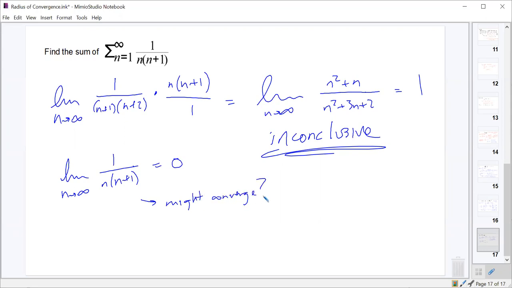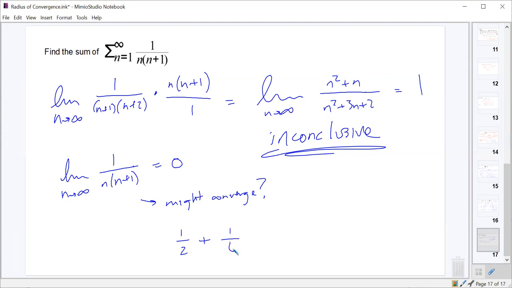Let's try writing out some of the terms. Maybe that will help us. What's the first term at n equals 1? Should be 1 over 2. Right? And what's the next term?